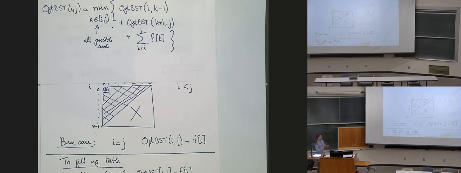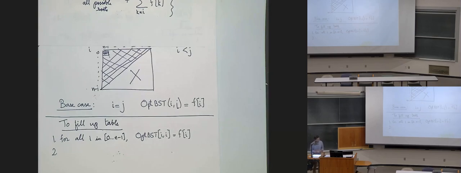This is one of the reasons to do this dynamic programming exercise, that it's different from the other ones, where the table filling is a little more straightforward. Here it's different. Okay?